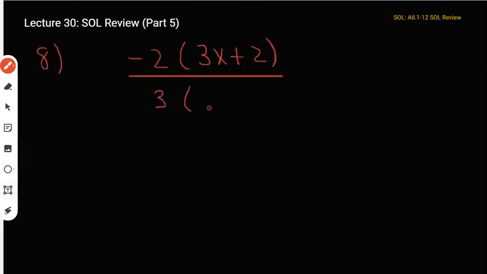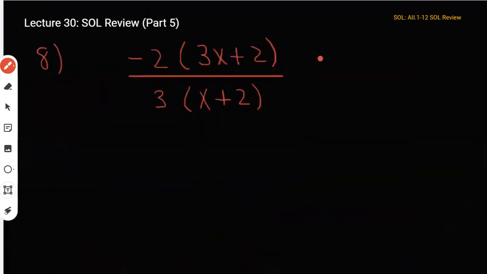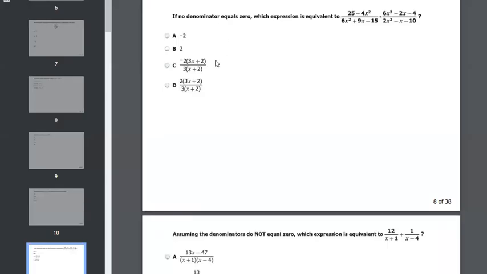And an x plus 2. And I basically got that from right here. So this is going to be my answer. So does this help with anything? It's going to be C.